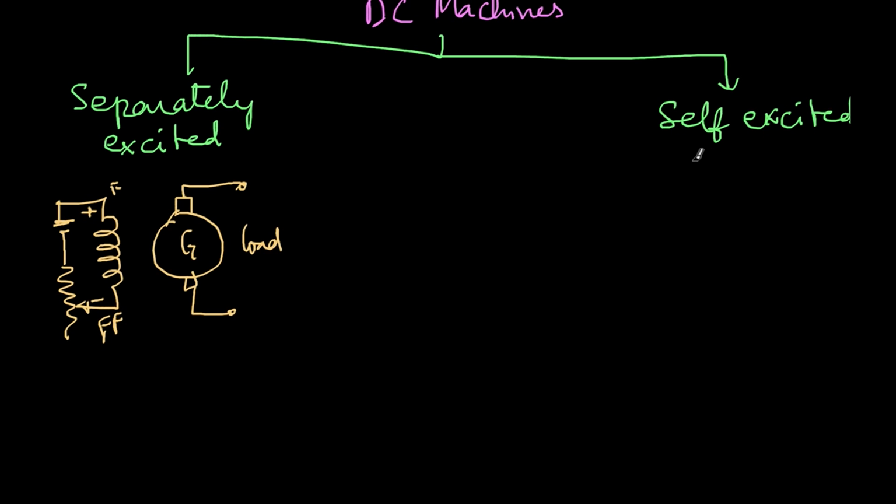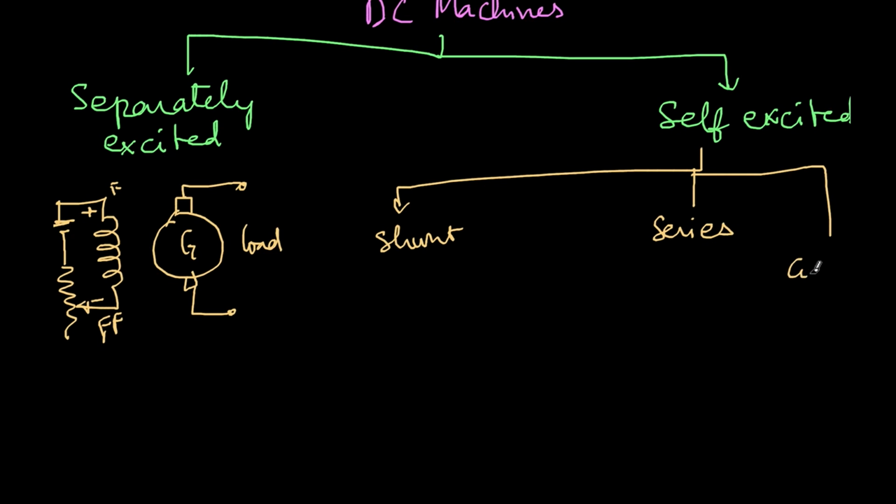Now coming to self-excited. Under self-excited, there are again three categories. One is shunt, another is series, and the last one is compound. Let's discuss this.